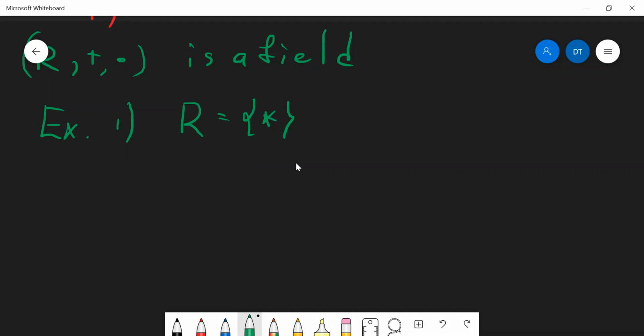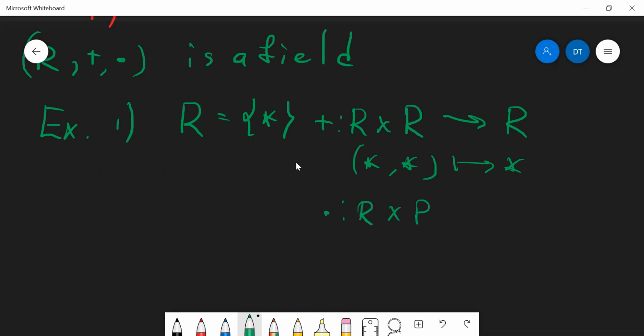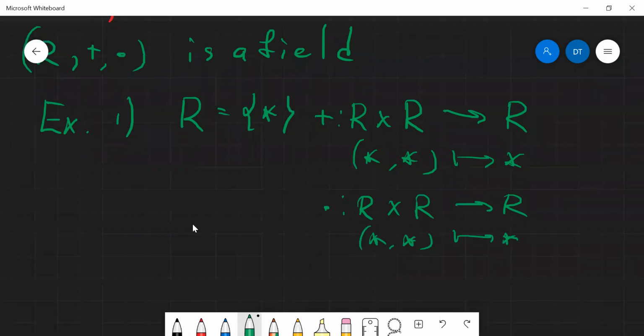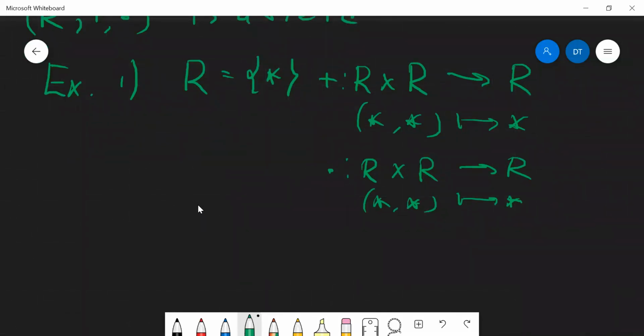Now, if you have this set consisting of one element, you have only one possible binary operation, which takes this pair to this element. And this will be our addition. And since this is the only operation, the multiplication is also given by this rule. So we have no options since that's the only operation.